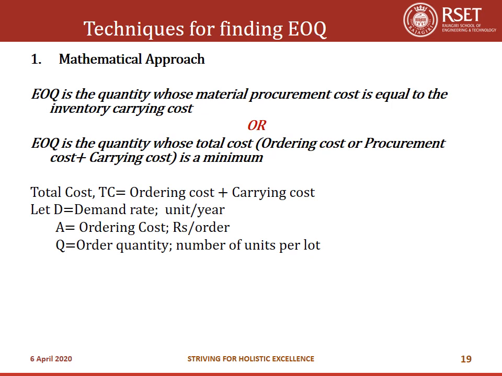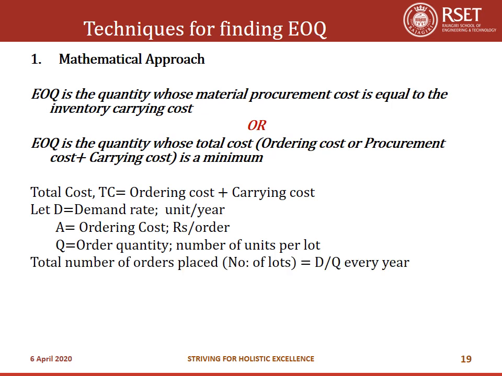Usually products get sold in lots, so the number of units per lot is equal to Q. So the total number of orders placed every year is equal to D, that is the demand, divided by Q. That is the number of units sold divided by the number of units per lot. That will give you the total number of lots ordered every year, D divided by Q.